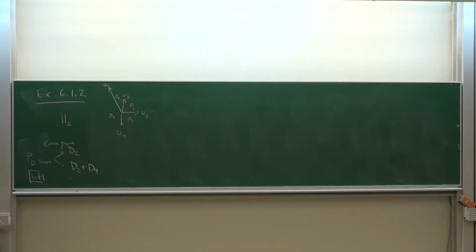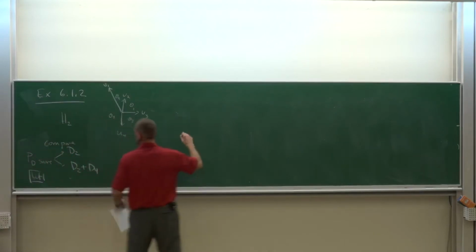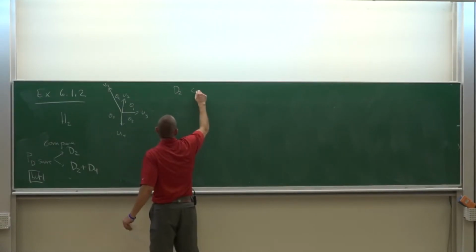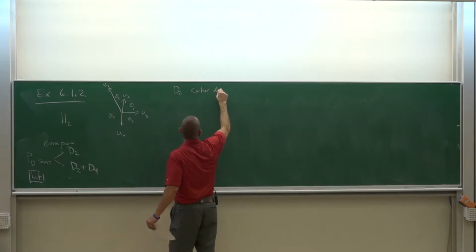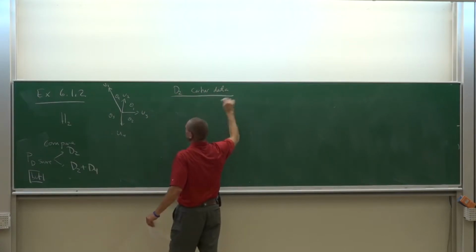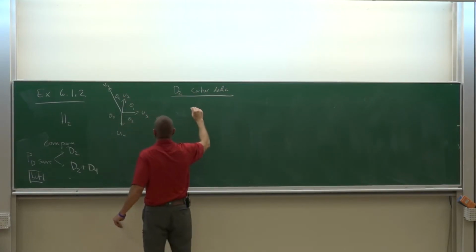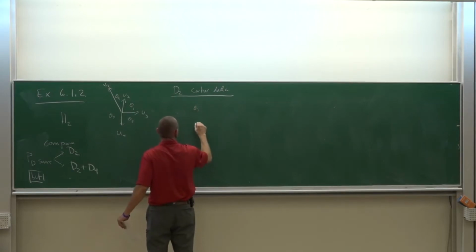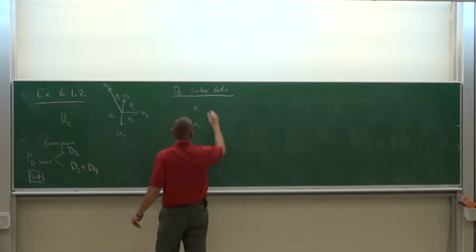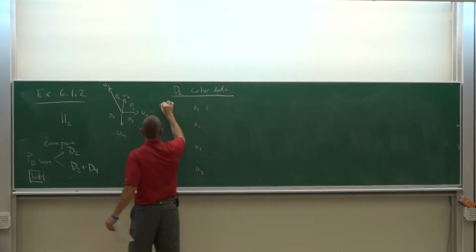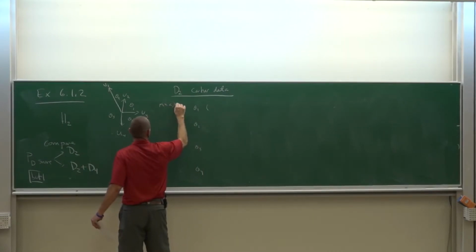Let's do it. All right, so let's write down the Cartier data for D2. I've got my cones: sigma 1, sigma 2, sigma 3, sigma 4. On sigma 1, let's say M is equal to (A, B).